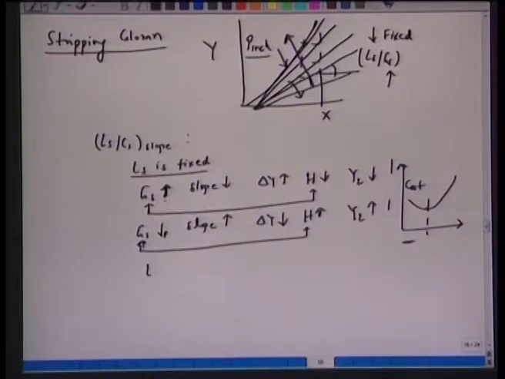So we get LS by GS from here, the slope at the pinch location, and LS is fixed, so we get GS minimum. So all it says, we cannot have any amount of GS smaller than this. So this gives us GS minimum.